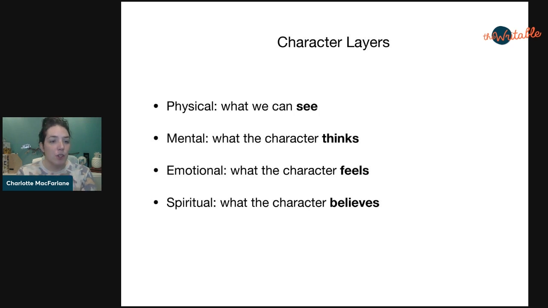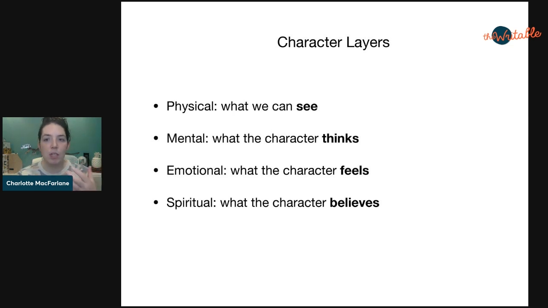And under the surface too, probably even deeper than these others, is the spiritual layer. And I borrowed these terms from sort of personal development kind of stuff. And so spiritual isn't really, it's not religious at all. It's really just saying, what does the character believe, right?